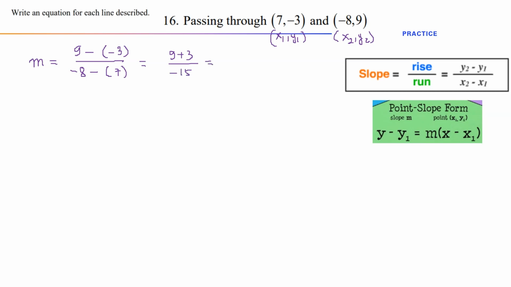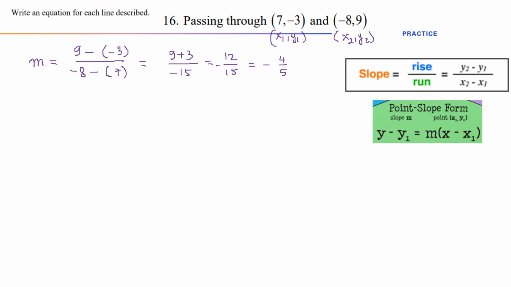That 9 plus 3 is 12 over negative 15. That is negative 4 over 5. Alright, we have m equal negative 4 over 5.